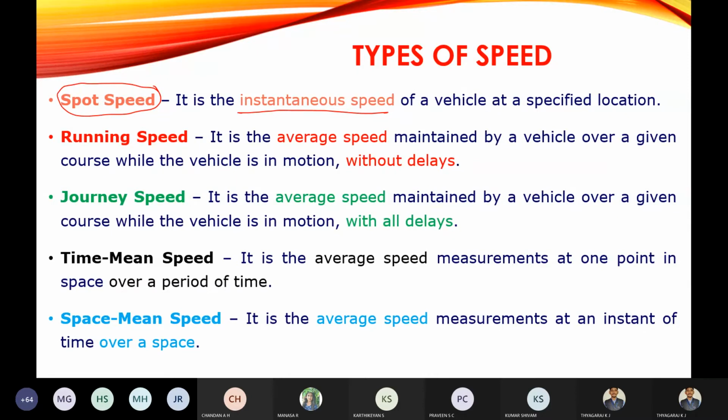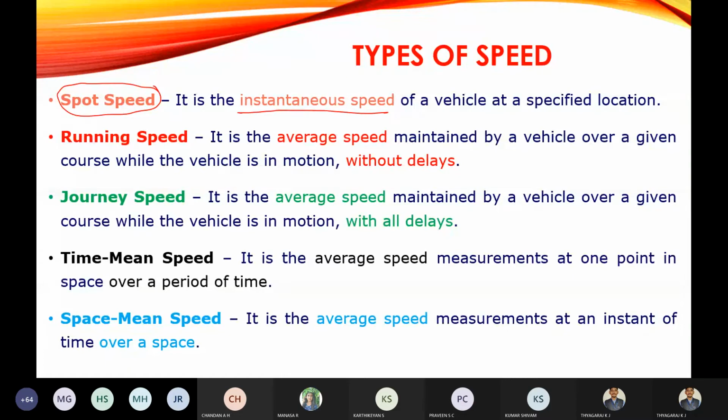Instant. At that instant means at that time, right? Yes or no? Yes, sir.